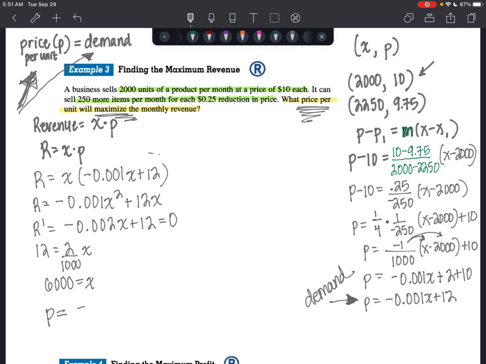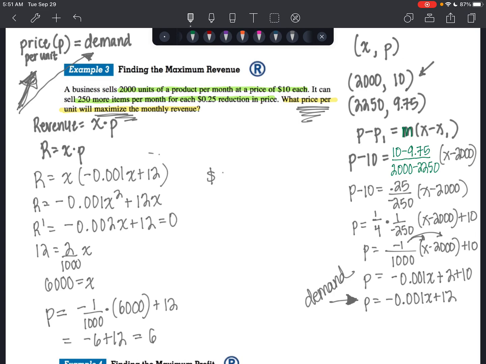So price is equal to negative 1 over 1,000 times 6,000 plus 12. So negative 0.001 times 6,000 plus 12. I just made it a fraction because I work a little bit better with fractions. Negative 6 plus 12 is equal to 6.